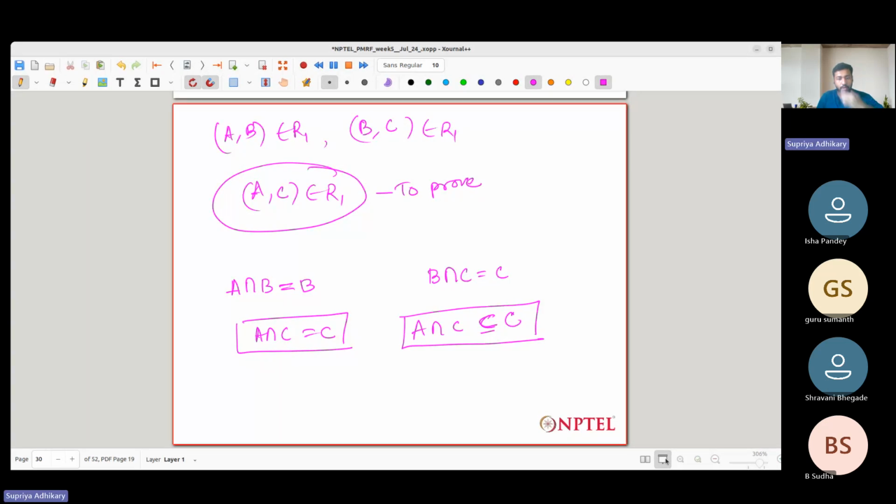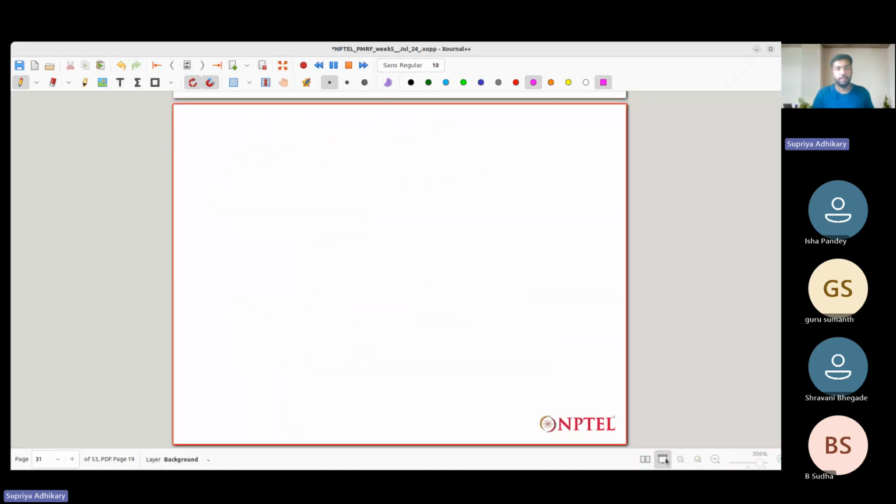But we have to prove the other way, that is, C is a subset of A intersection C. Now, how can we do that? We can just select an arbitrary element. Say X is an arbitrary element that is in set C.